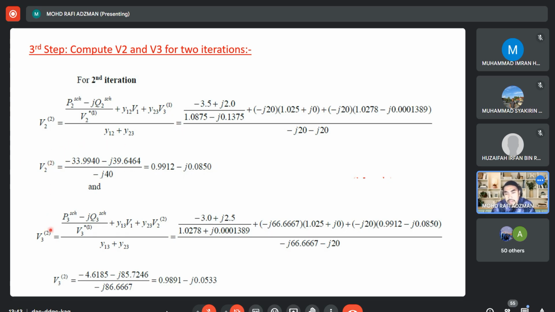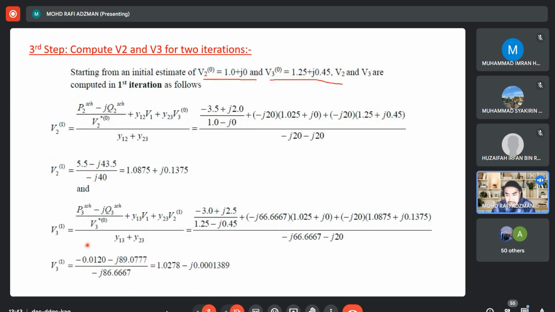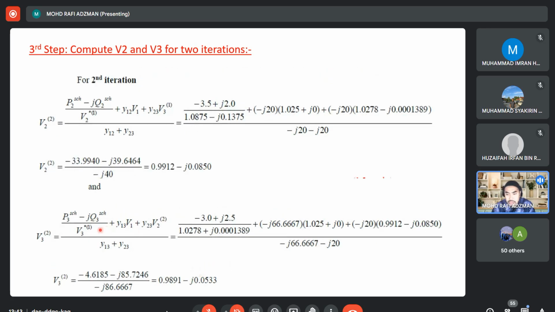So continue with bus 3, V3, what is for second iterations? So V3 second iterations equal to P3 schedule minus JQ3 schedule divided by V3 conjugate 1. Okay, meaning that you use back the value from first iteration, put into this to find second iterations. So plus Y13 times V1 plus Y23 times V2 second iterations. Why you didn't use first iteration?